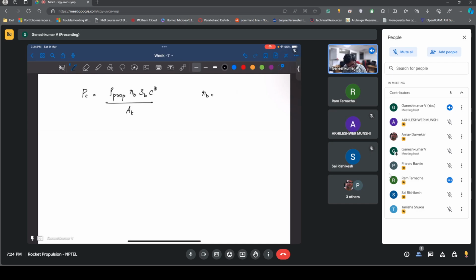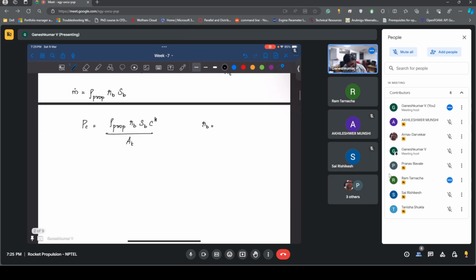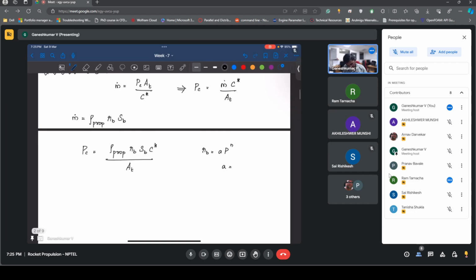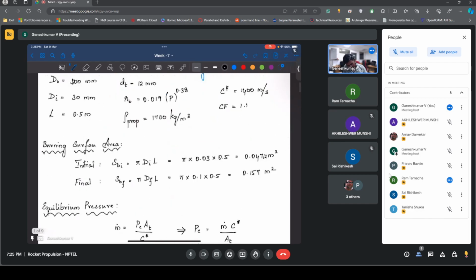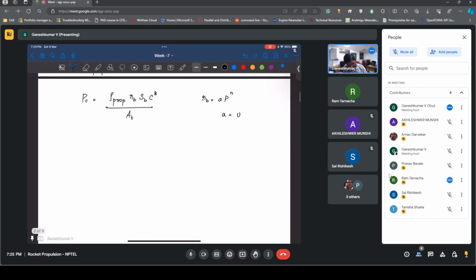RB is equal to, maybe we can write this as A P power n, where A is equal to, it's also given, 0.019, and n is equal to 0.38. Okay, area of throat we can find it, and C star is also given. SB we initially found out, so let's try to find the initial equilibrium pressure.